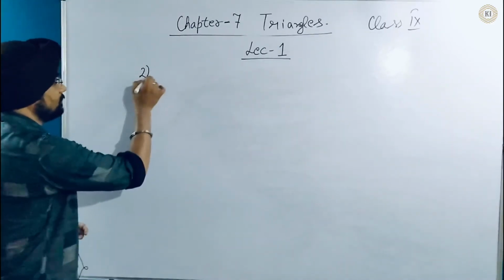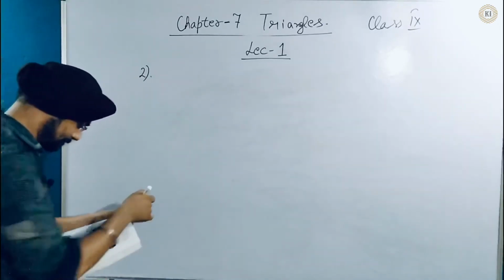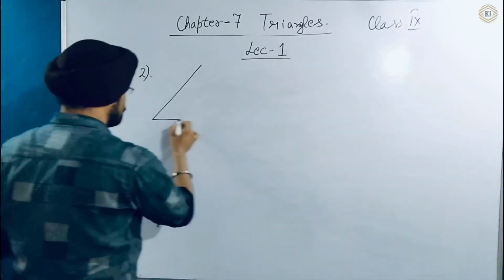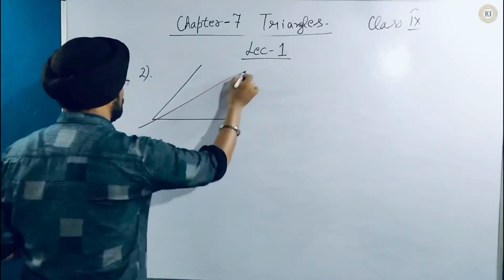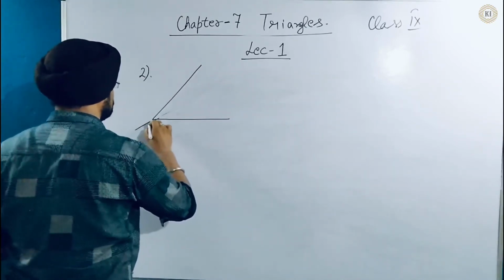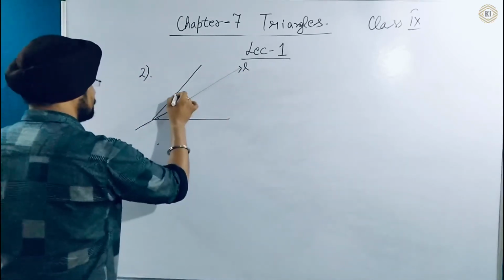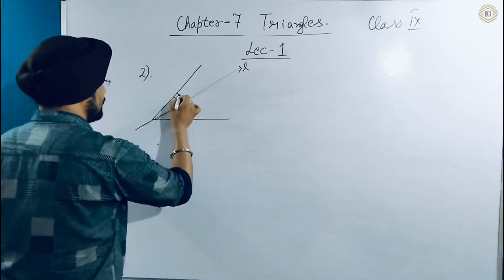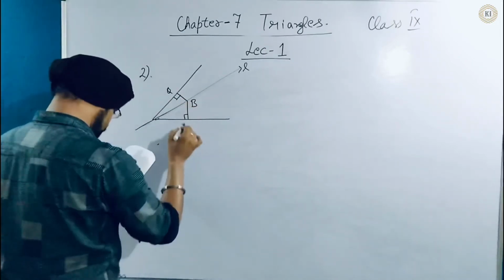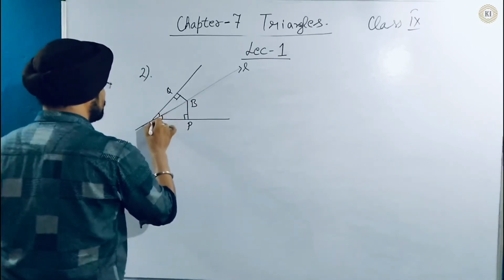Now see here question number second. This is line L. This angle is given as 90 and 90. So this is Q, B, P, A, and these two angles are equal here.